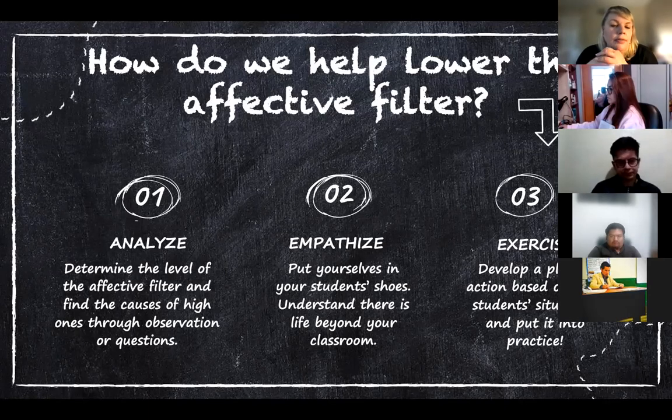Analyze: determine the level of the affective filter and find the causes of high ones through observation or questions. I'll show you how to do this, okay? Empathize: put yourselves in your students' shoes. Understand that there is life beyond your classroom. It's not all about English class, right? And 3, exercise: develop a plan of action based on your student situations and put it into practice.